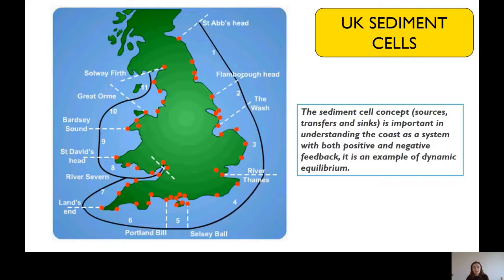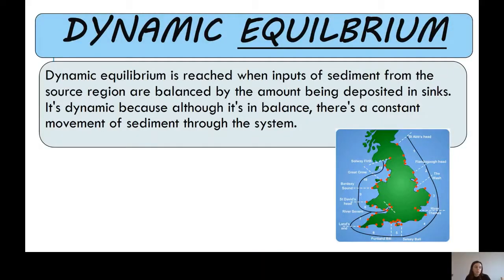Okay, and on the screen here it says the sediment cell concept, which is source, transfer and sinks, is important in understanding the coast as a system. With both positive and negative feedback, it is an example of a dynamic equilibrium. So what is a dynamic equilibrium?